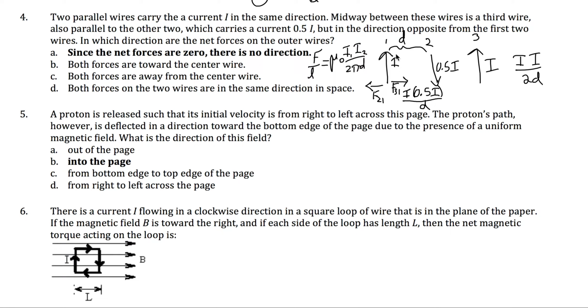So the net force on this wire is going to be 0. You could do the same thing for the force on wire 3, and you'll get the same answer.